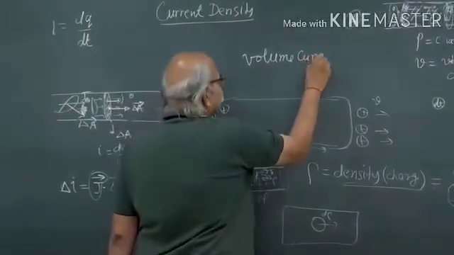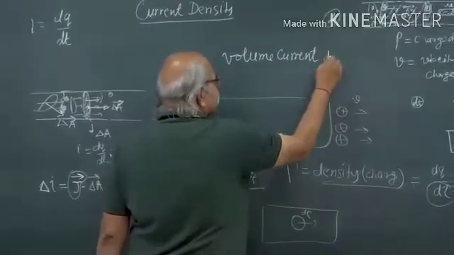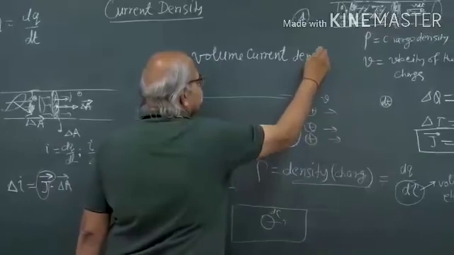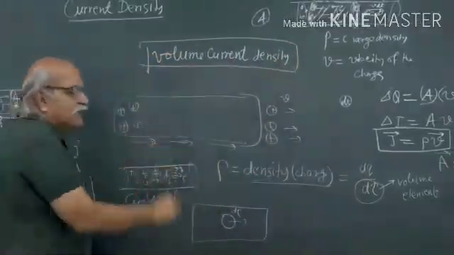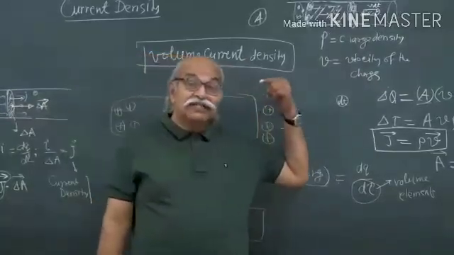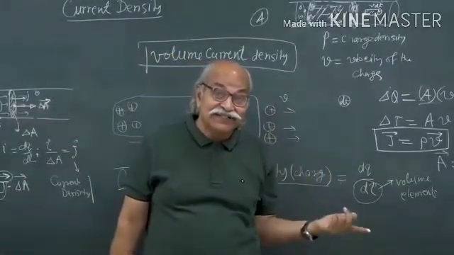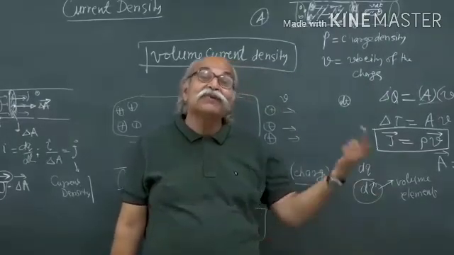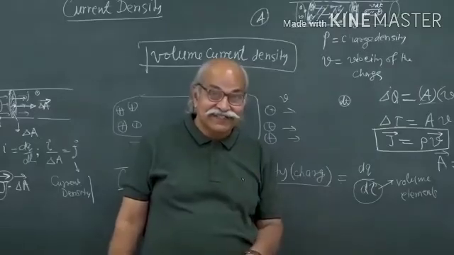This current is known as volume current, and this J which I have calculated is known as volume current density. Okay, so we will stop here, and we have put this adjective volume current and volume current density, because I will also be talking of surface current and surface current density.